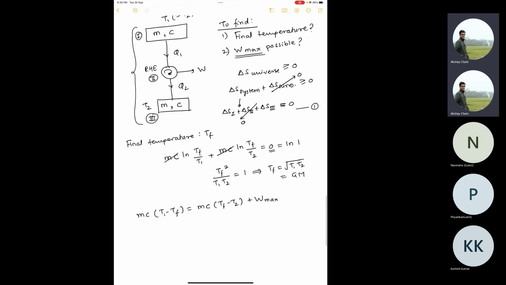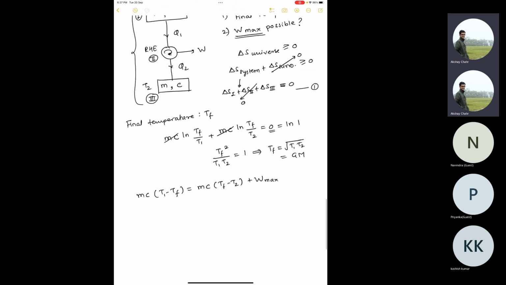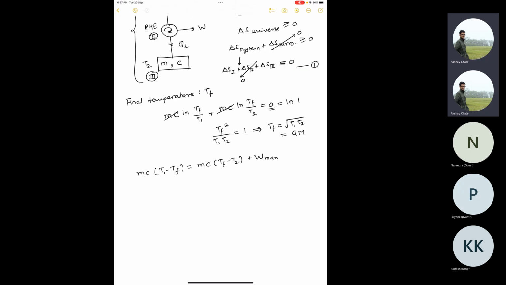I think you should be able to get why I've written this. This is just the first law: whatever energy was lost, I should not use the word internal energy, but that is the same only here. It's a solid or incompressible fluid, right? So MC delta T lost by the hotter body will be equal to MC delta T gained by the cold body plus whatever work done we did. This is the energy balance basically. Now you have TF also, right?